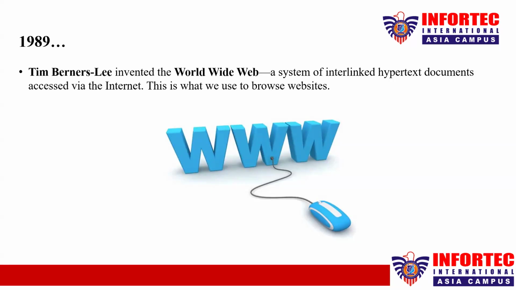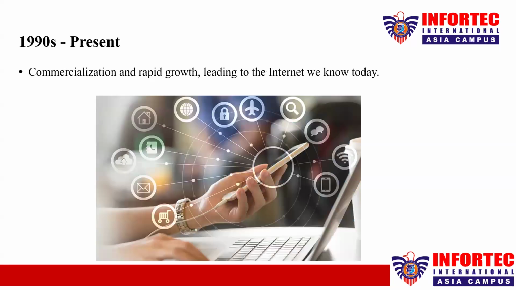So in the World Wide Web, everything is there as a web page, website, or weblog, right? So this concept came in 1989. Tim Berners-Lee introduced this concept to the world in 1989. And now, from 1990 to the present, we have so many things in the market.